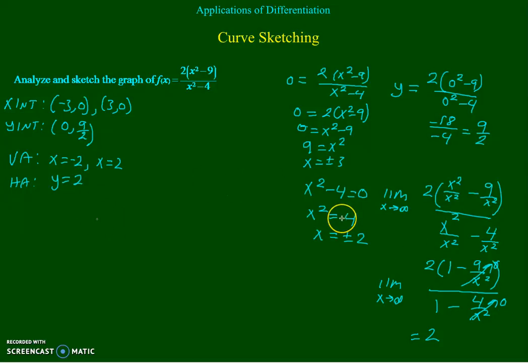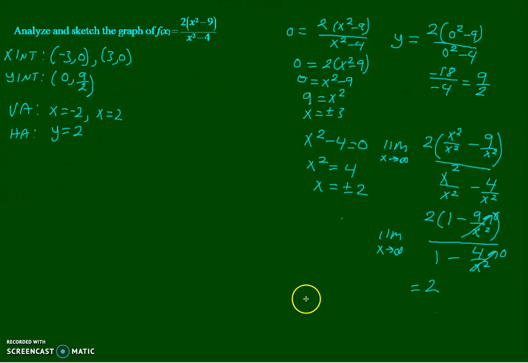So let's go ahead and take our first derivative, and let's just rewrite the function down here. So f of x is 2 times x squared minus 9 over x squared minus 4.